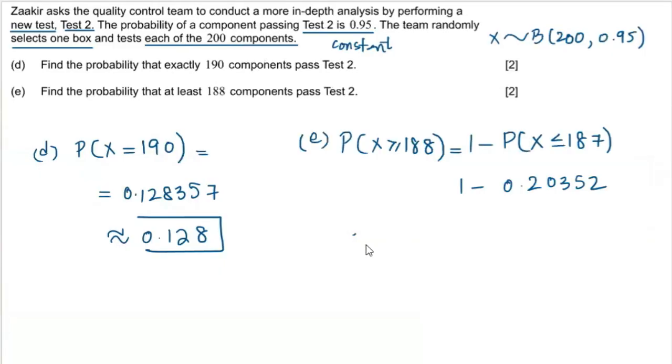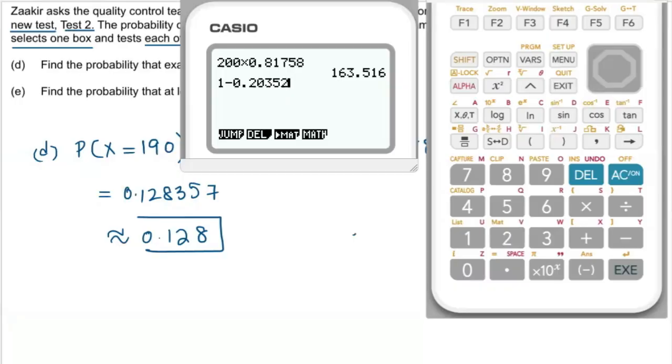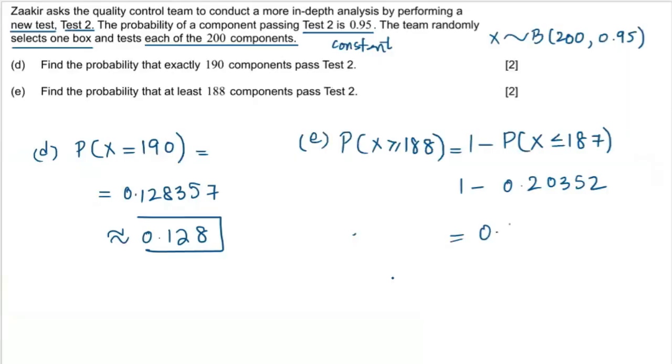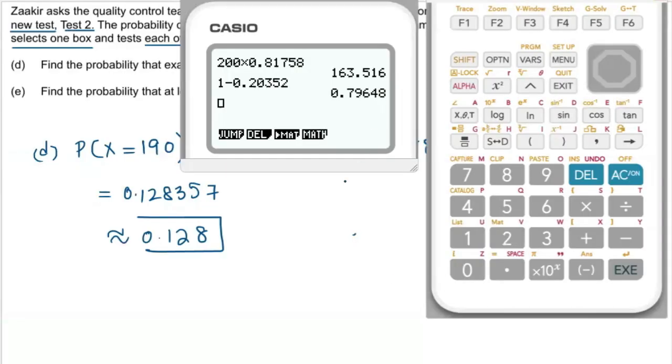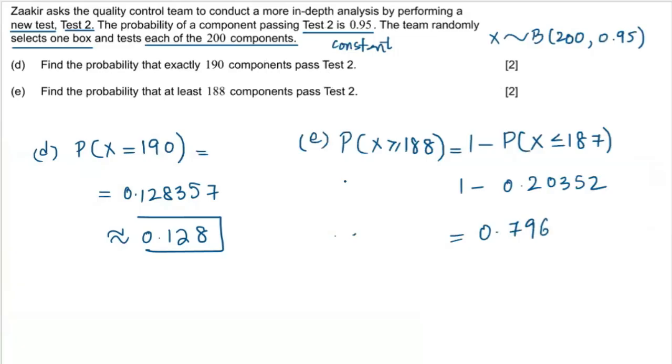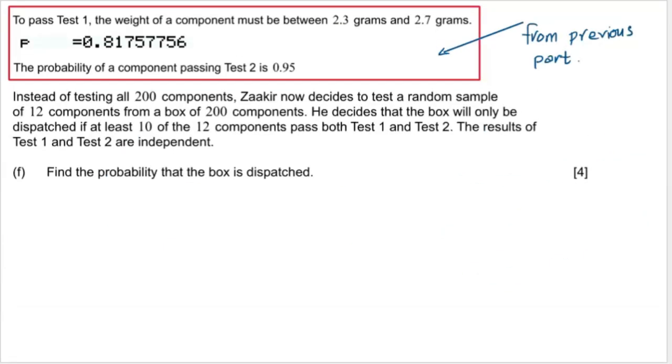Yeah, am I right? Just gotta be careful when you feed the values in the GDC, okay? So this is 0.79648. So what will be the answer in three significant figures? 0.796. There we go.